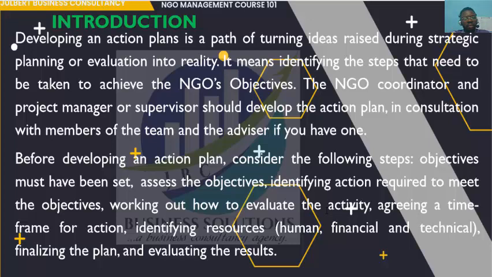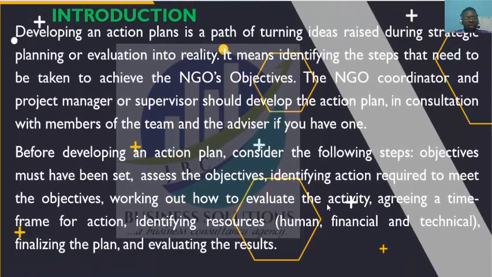Developing an action plan is a part of turning ideas raised during strategic planning or evaluation into reality. You can have a discussion with your boss, you have a discussion with your colleagues to make sure that the result of that discussion sees the light of day. You need to establish a plan of action on how you're going to execute that.